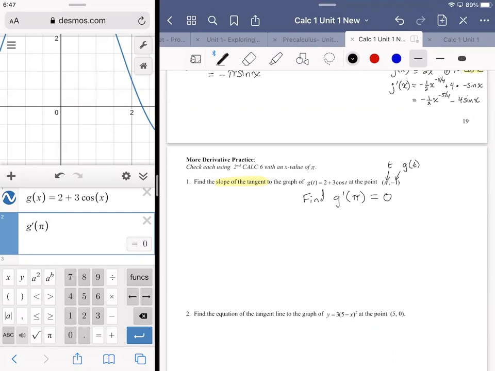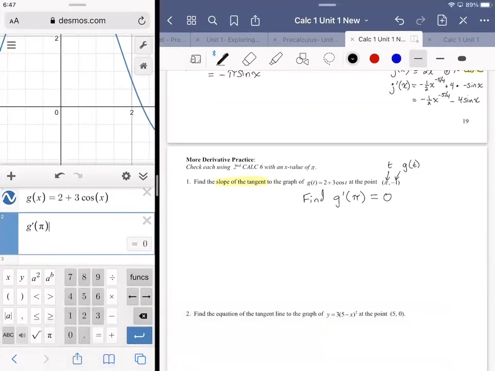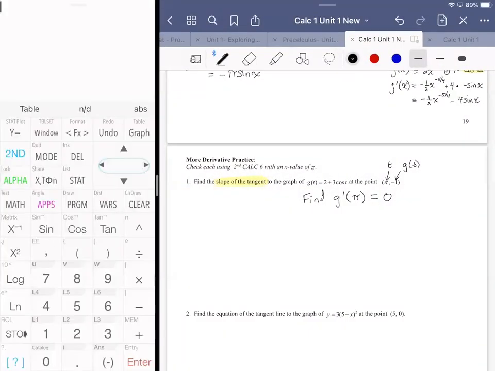All right, so let me show you the TI. If I can get it to open. Come on, get over there. So you type in your function. In this case, again, 2 plus 3 cosine of x. Now we want the derivative at that point.